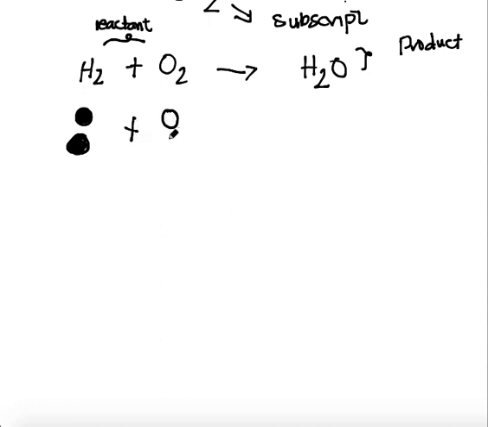Oxygen is the shaded circle. And it will yield two molecules of hydrogen and one molecule of oxygen.